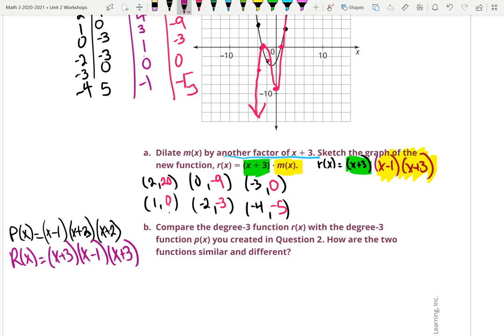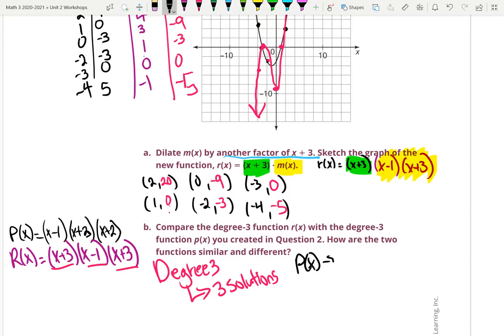Notice both of them are degree 3. The reason being is there are 3 parts to it. So it's going to be degree 3, which means all of them are going to have 3 solutions. The big thing I want you to notice, in P of x, you have 3 different solutions. What are they? What number minus 1 is 0? 1, negative 3, and negative 2.